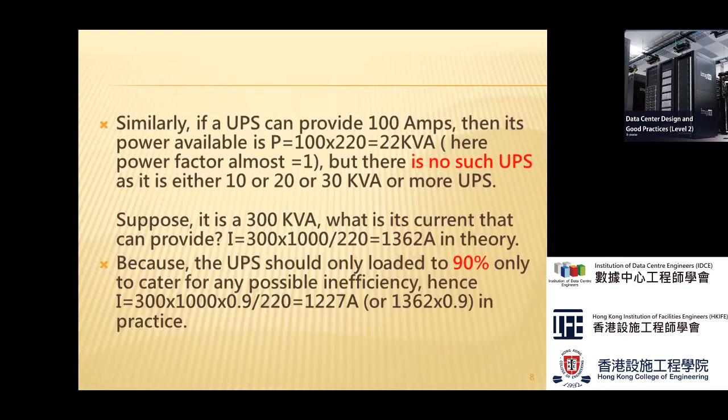By the same token, power equals current times volt, I times V, or V times I. For this 300 kVA UPS, you need to multiply by 1,000 and divide by single phase 220 volts. How many amps do you have? Wow, you have 1,362 amps. What size is that cable?